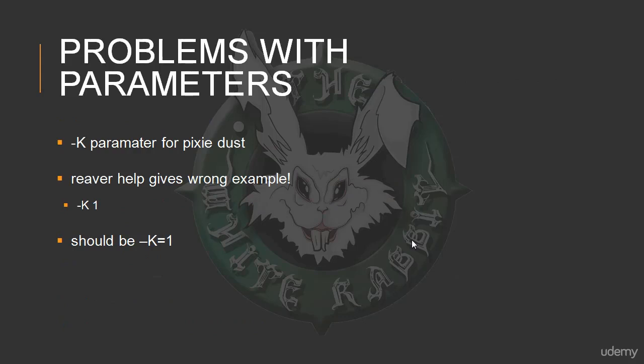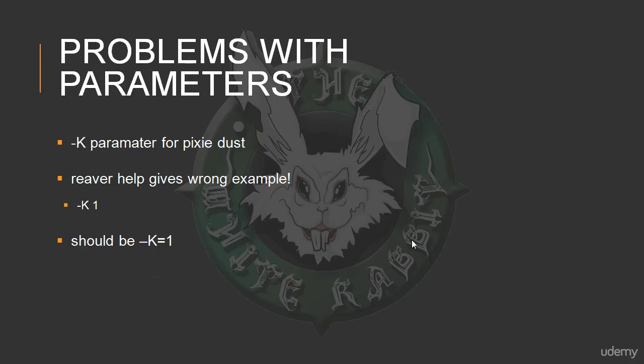It's interesting that even this very important -K parameter, which is used for including pixie dust, has a problem. Reaver comes with some help, so you should type reaver -h or --help, just the standard way of getting the help information. It gives an example on how to use reaver, but this example uses the -K flag in this way, -K space 1.